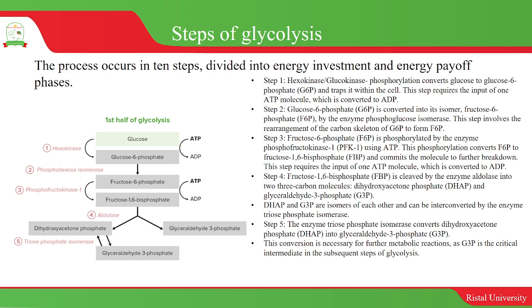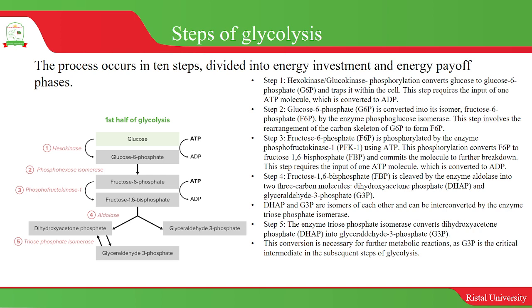The first 5 steps belong to the energy investment phase, which basically involves the utilization of energy. That's why we call it the energy investment phase. And then the second phase is the energy payoff. This is when we generate the 4 ATP molecules.